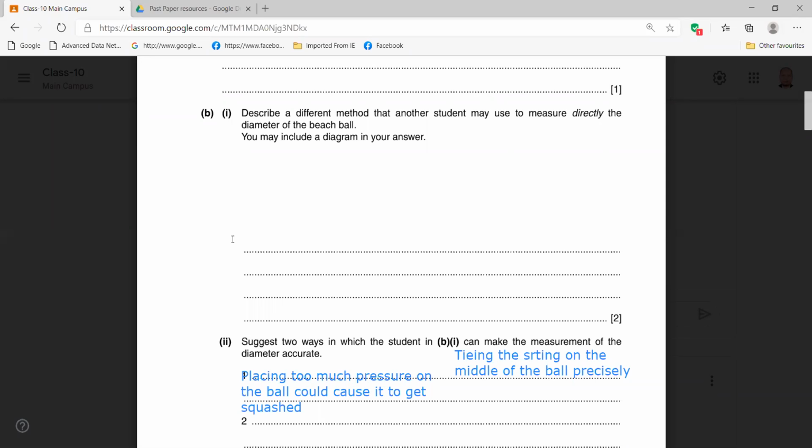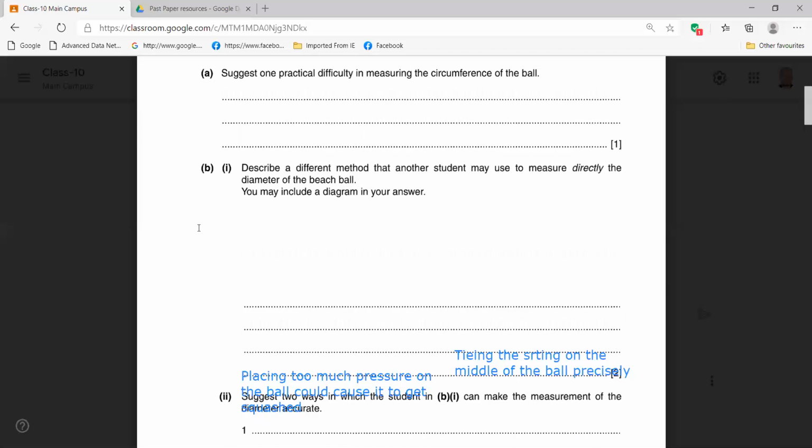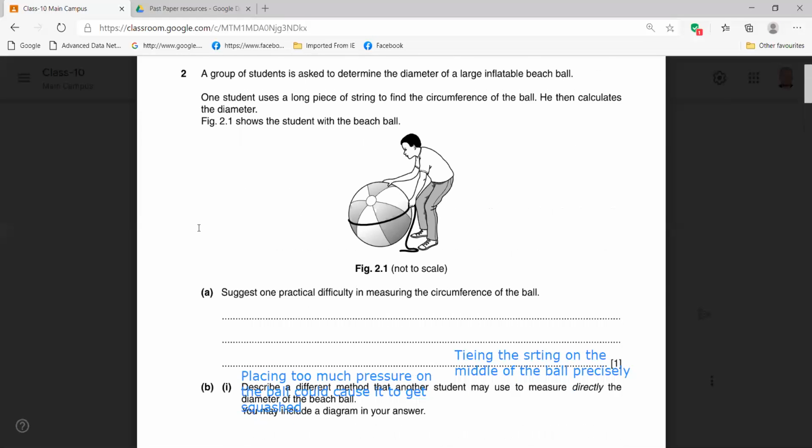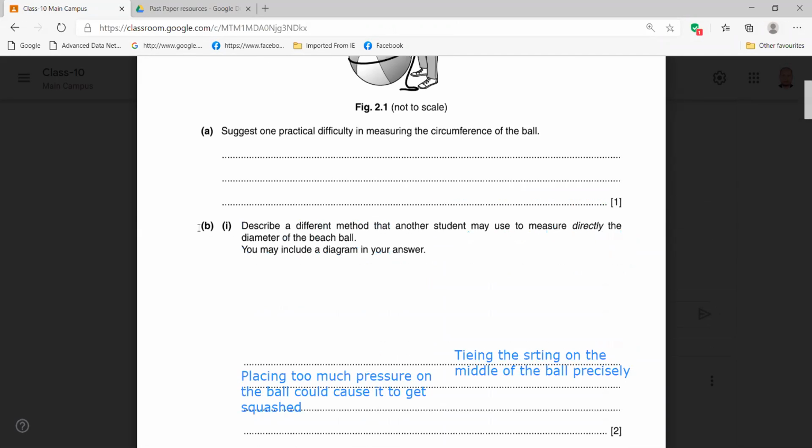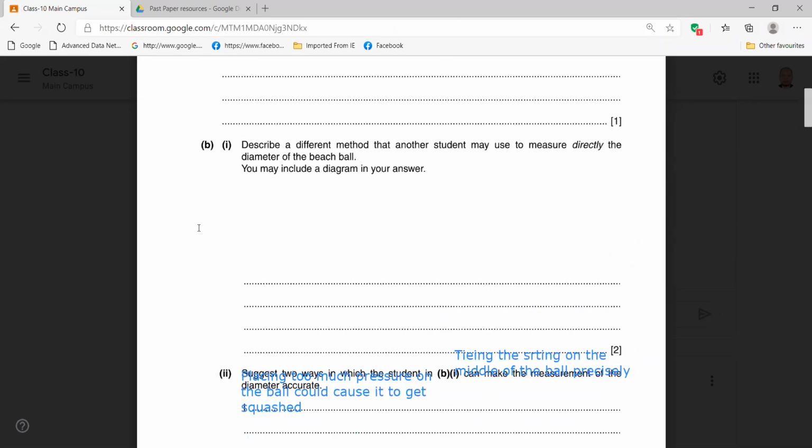So what can we do for measuring the diameter accurately? Measuring tape. Is it enough? Directly you can measure.